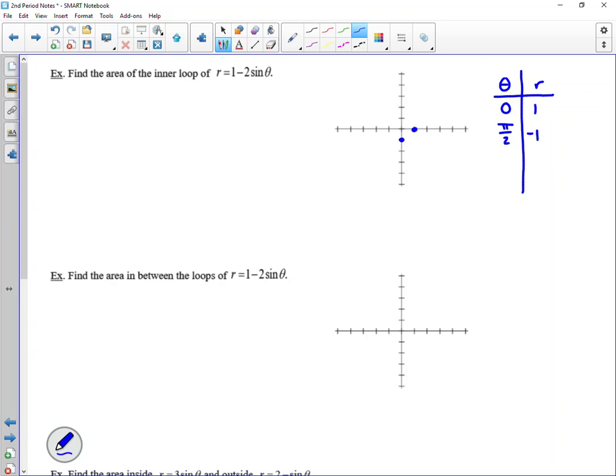At theta equals pi, R is, and at theta equals 3 pi over 2, R is 3. So see how you have 2 points on one side of the axis? Then you know that you've got a loop to draw. So we cross through the intersection, we go up around, cross through, in, up, over, down, connect, up. Okay. Got it?